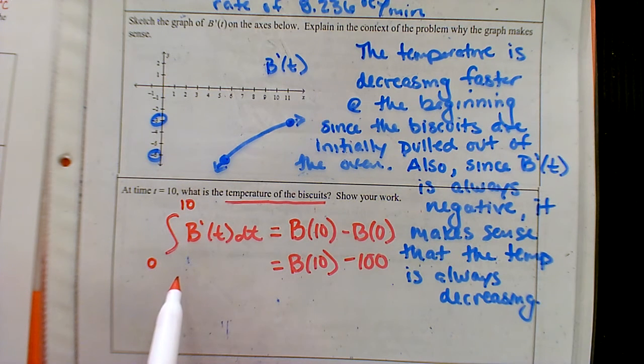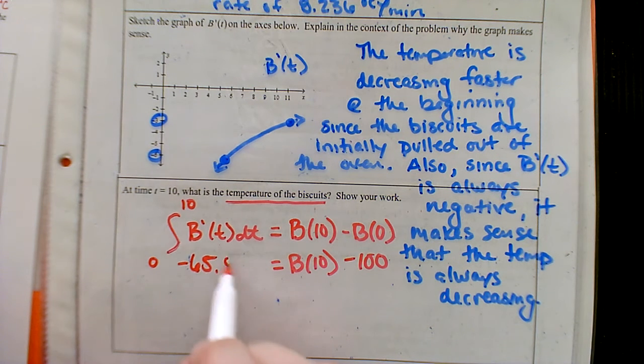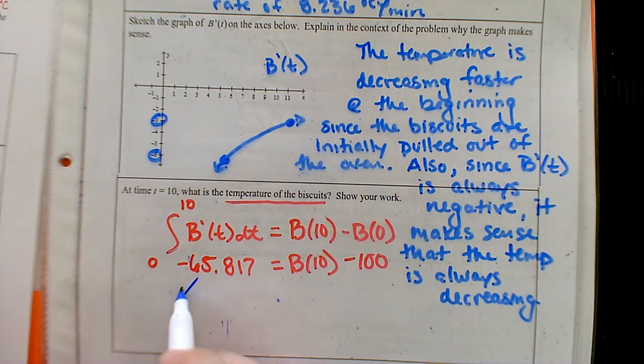What'd your calculator give you? Negative 65.817. Alright, so again, if that's an integral value, that's representing a change, amount of change.